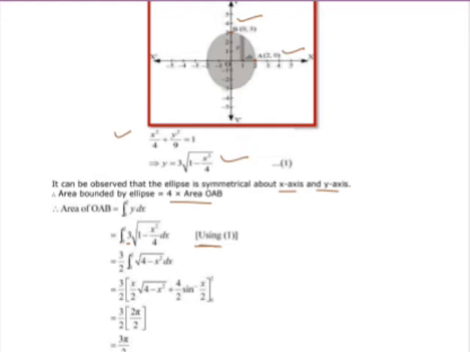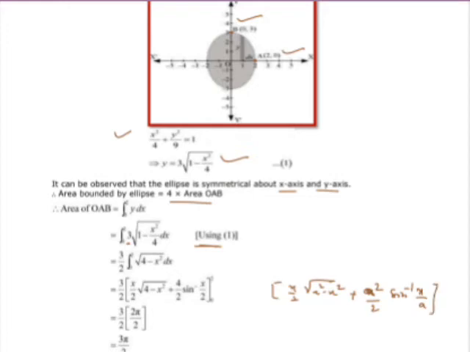So again, this is in the form of the standard form, which is x by 2 under root of a square minus x square plus a square by 2 sine inverse x by a.